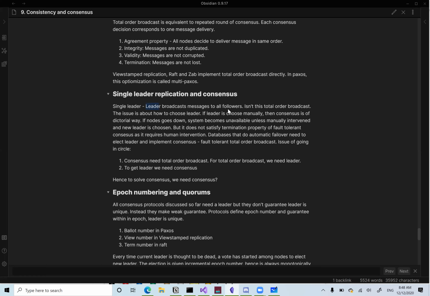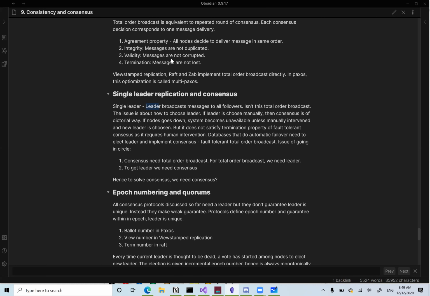Okay, so that is also kind of a total order broadcast, right? But the thing is, in fault tolerant consensus, you don't have to manually intervene; the system will automatically choose its leader. And how the system chooses its leader is by doing a quorum of votes and deciding who the leader is.